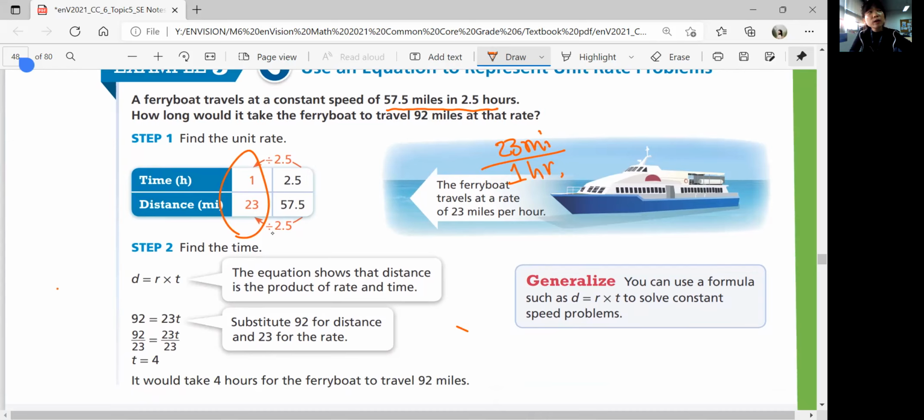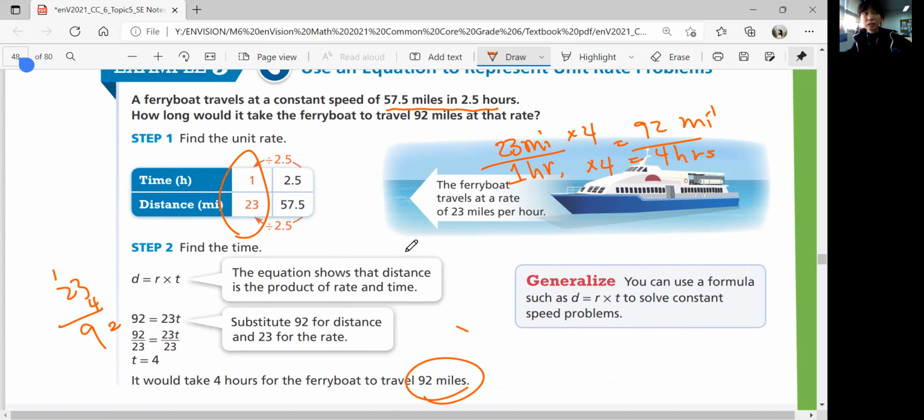We know 23 times 4 would be 92. So 1 times 4 is 4 hours. So that's going to be our answer, 4 hours for 92 miles.